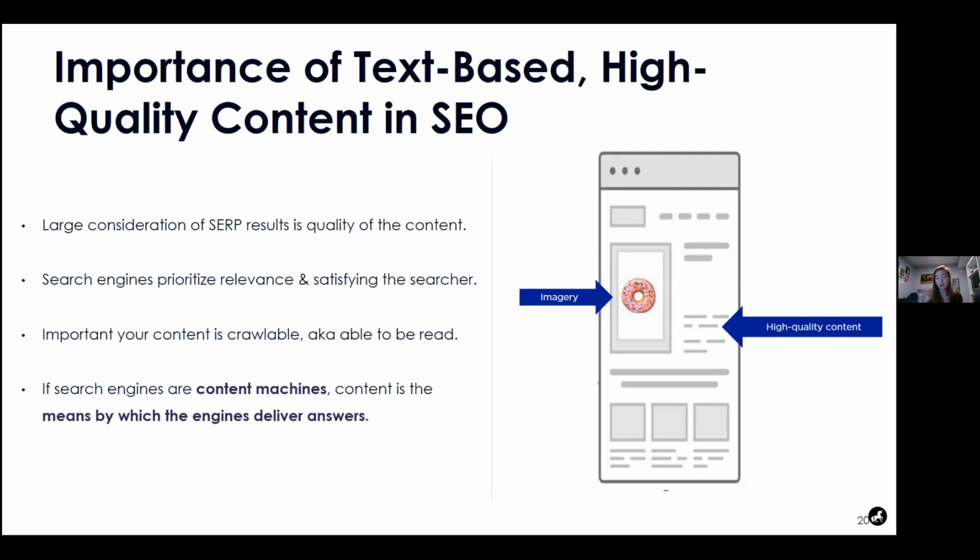Google loves to see images, and we'll talk about ways to optimize images in a bit, but you don't want to put 2,000 words in a picture, because then Google can't read it. So it's important that search engines can crawl your info, because search engines are essentially content machines, and the content itself answers those questions that they're asking.